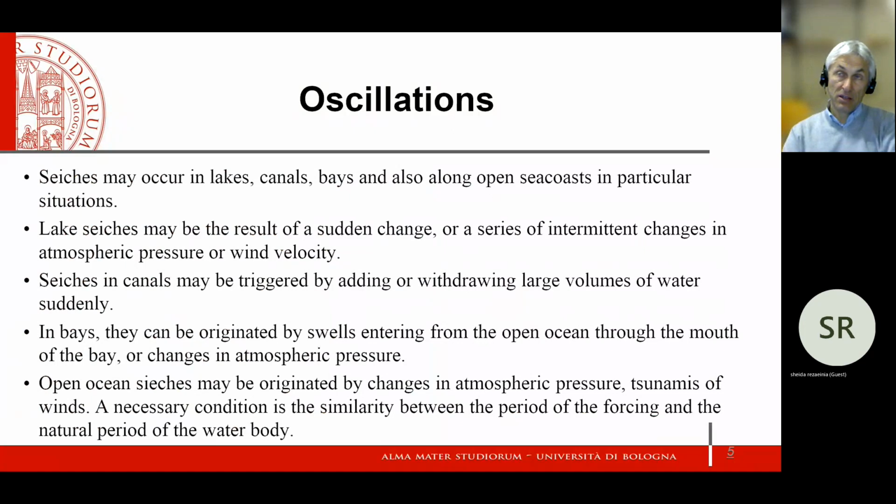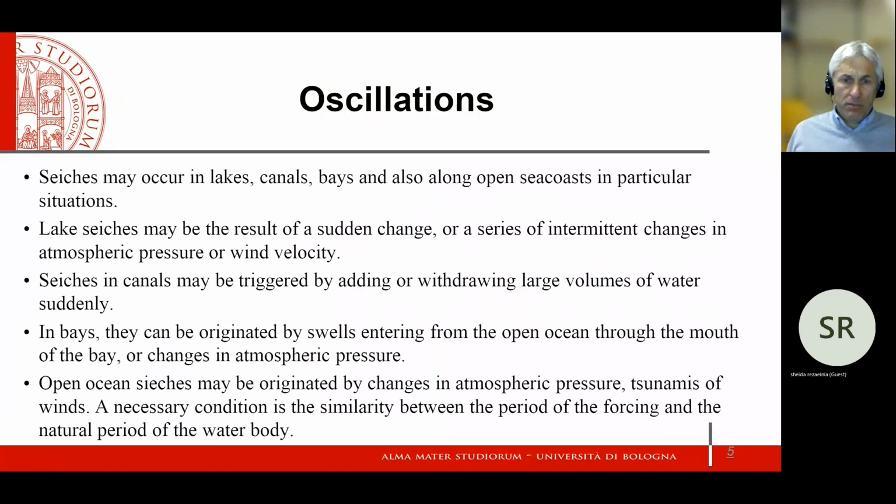And in lakes, they may result from a sudden change or a series of intermittent changes in atmospheric pressure or wind velocity. So if we start with an oscillating wind velocity, it may originate waves which may be reflected by the coast and then may generate oscillation. There is always a reflection mechanism that is activating these oscillations.